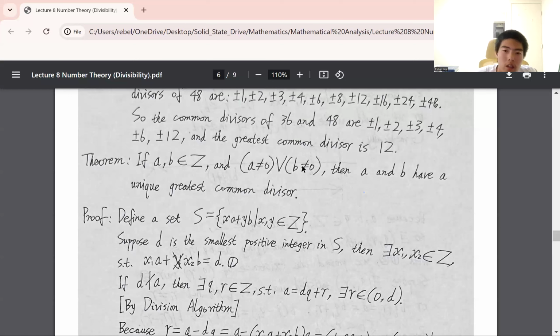Because in this case, the common divisor of 0 and 0 is an infinite set. It is every integer, because 0 has infinitely many divisors. As a result, it doesn't have a greatest common divisor.